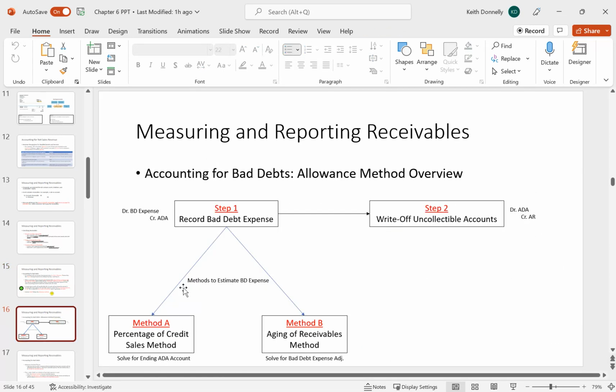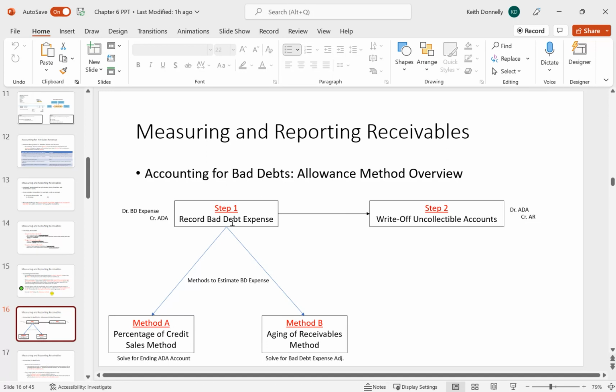In the allowance method, we have step 1 and step 2. There's kind of a step 0 over here where we make the sale on account: debit accounts receivable, credit revenue. Now we're at a later point in time, maybe the end of the period. We are going to estimate our bad debt expense.